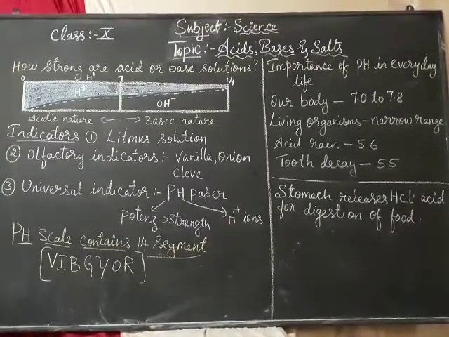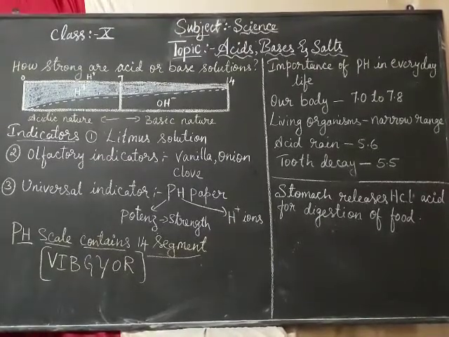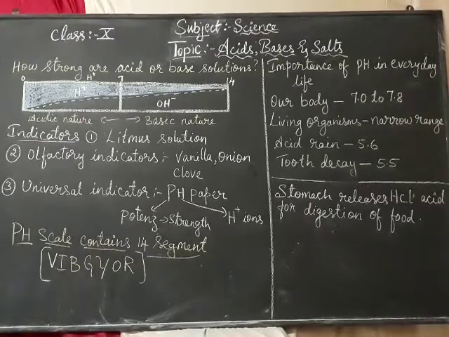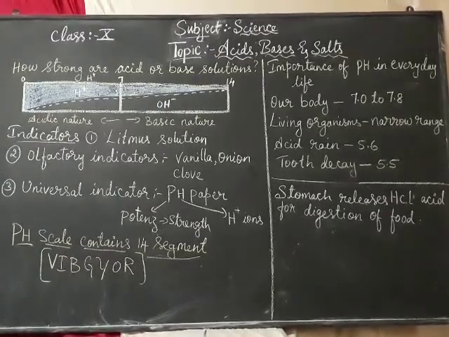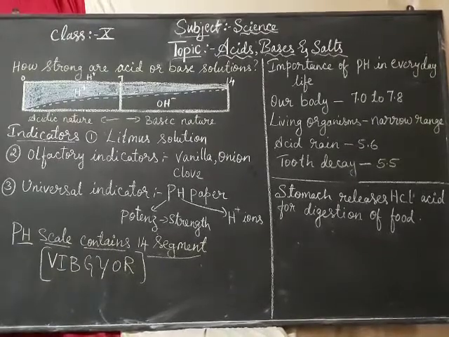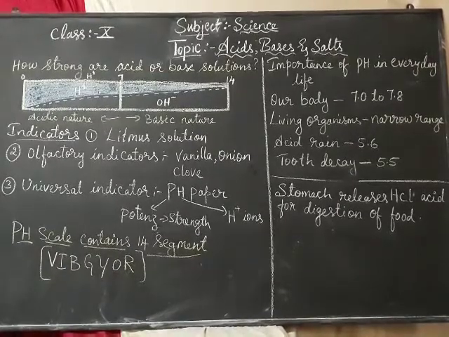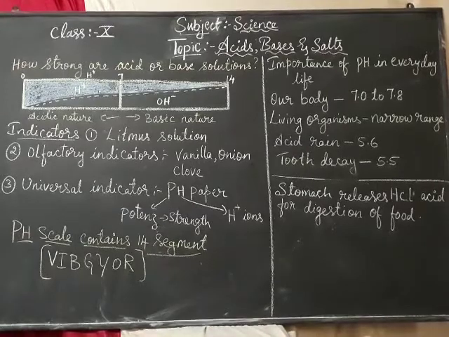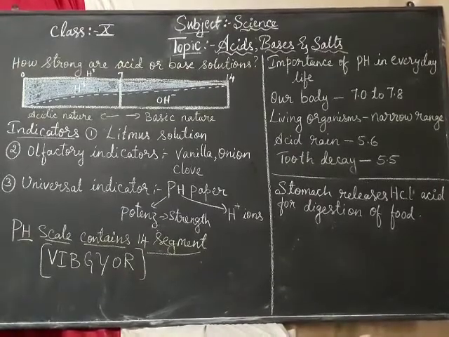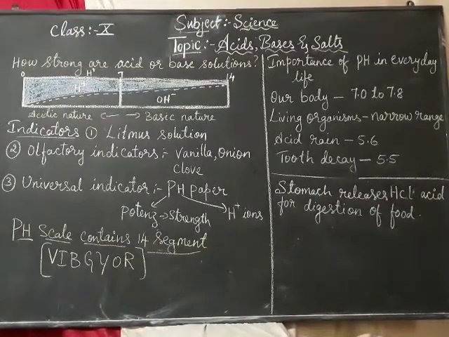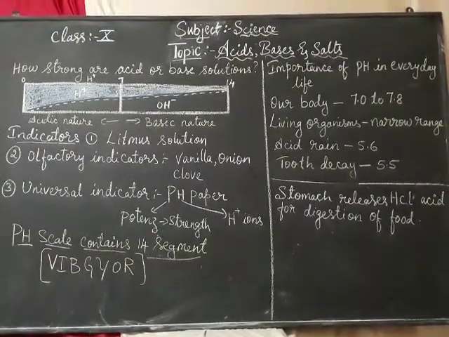Tooth enamel is the hardest substance of our body. Which is the hardest substance of our body? Tooth enamel, the outer part of the tooth, and it is made up of calcium phosphate. What is it made up of? Calcium phosphate.